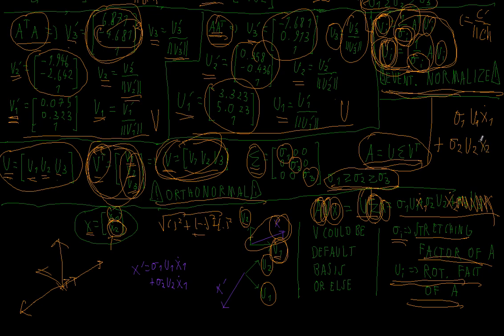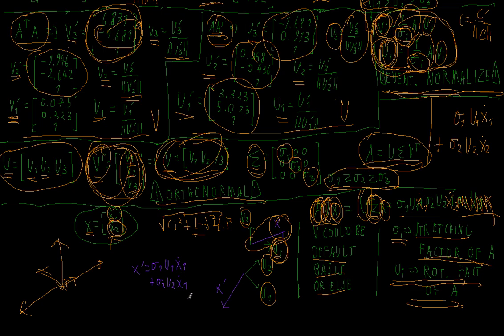You get the same result as if you simply applied A to your vector expressed in this basis v. Of course, v is generally the default basis, so it's simply the vectors 1, 0 and 0, 1 in 2 dimensions. But it could be another basis.